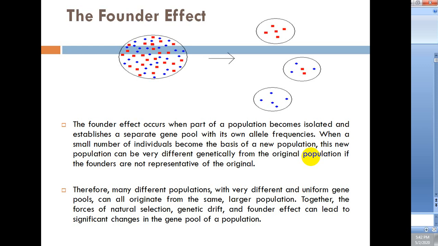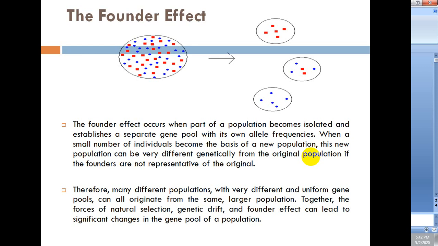So the founder effect occurs when a part of a population becomes isolated and establishes a separate gene pool with its own allele frequencies. When a small number of individuals become the basis of a new population, this new population can be very different genetically from the original population if the founders are not representative of the original.